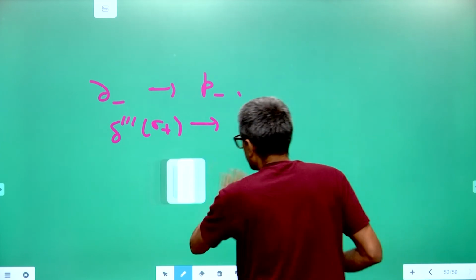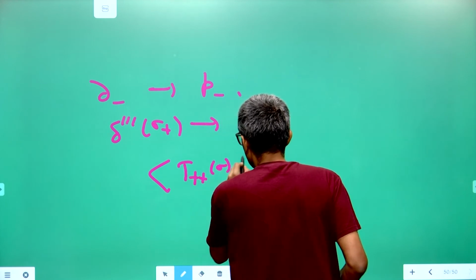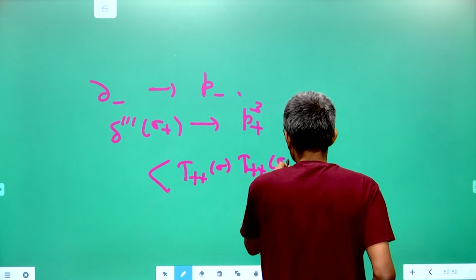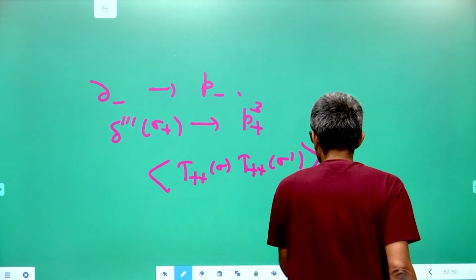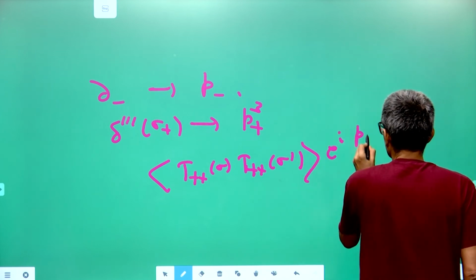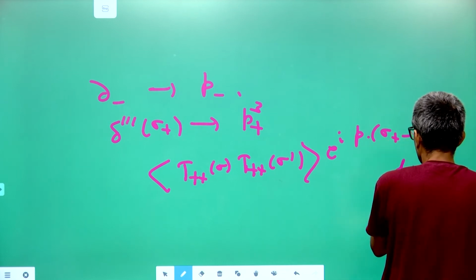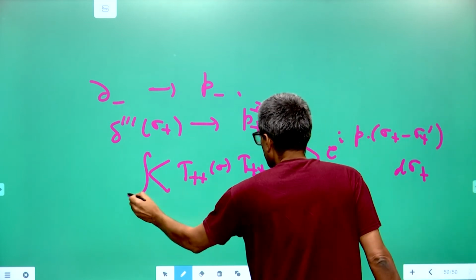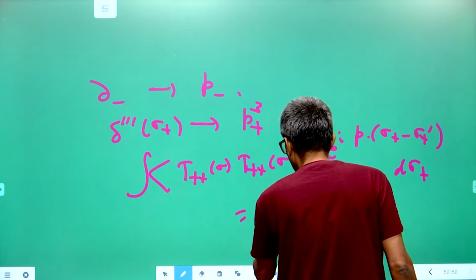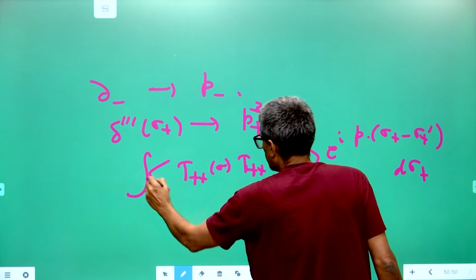You can look at it from the viewpoint of the Fourier transform of T plus plus at sigma and T plus plus at sigma dash. The Fourier transform of this with respect to e power i p into (sigma plus minus sigma plus dash) d sigma plus, this quantity is equal to k times a triple derivative, which will give you p plus cube here, and you take dou minus of this.